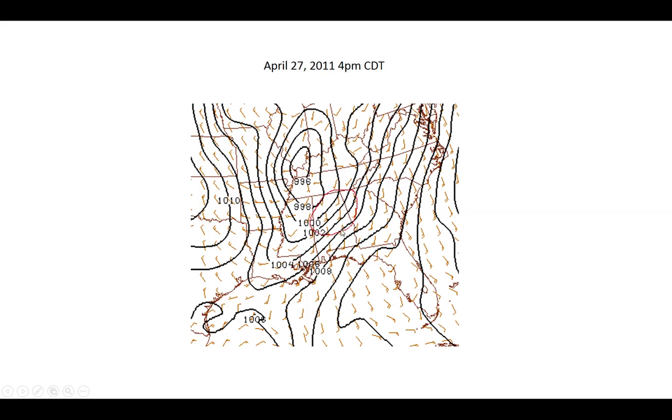And also notice, if you will, not only the spacing of the isobars, but the orientation of the surface winds, the 10-meter winds, which are considered surface winds in meteorology. Notice the orientation of those to the actual isobars. So that's what we have going on here.